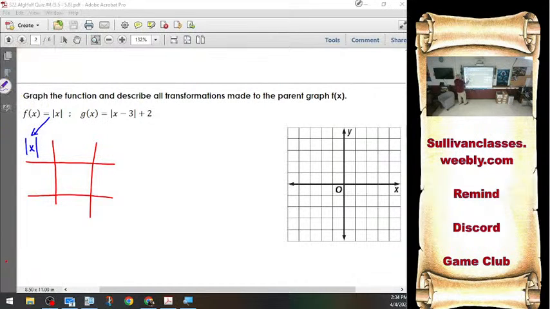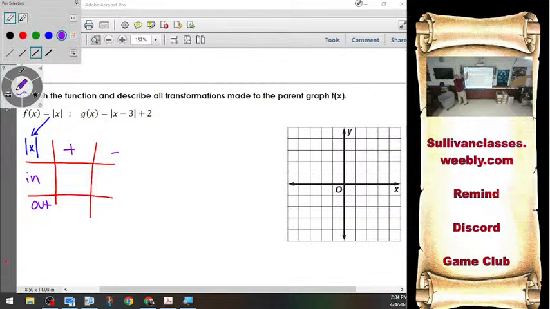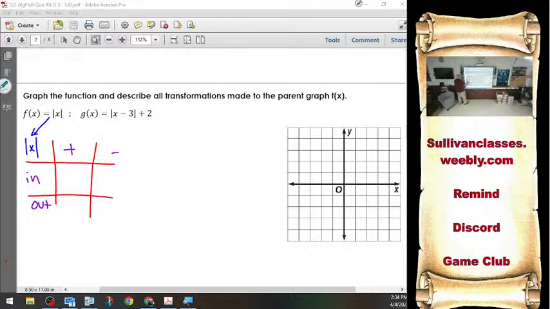If I am positive or negative, inside or outside that absolute value, it's going to do these things. Positive inside is bass-ackwards land, I'll go left. Negative inside is bass-ackwards land, I'll go right. If it's outside, up and down, regular land.